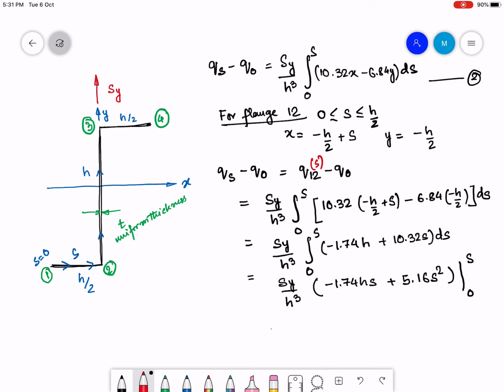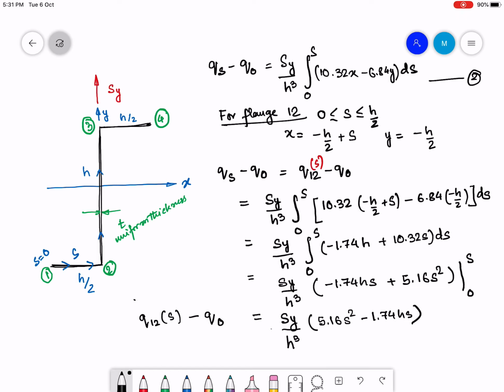So if I evaluate, this integral turns out to be sy by h cube into 5.16 s square minus 1.74 hs after substituting the limits. Now that is my q12, which is a function of s, minus q0.